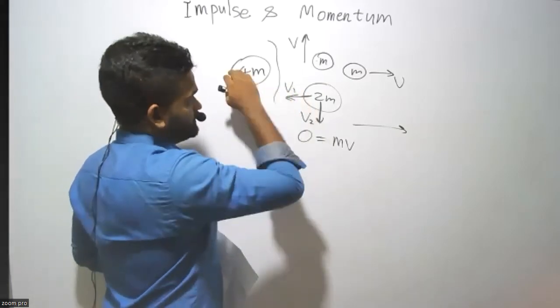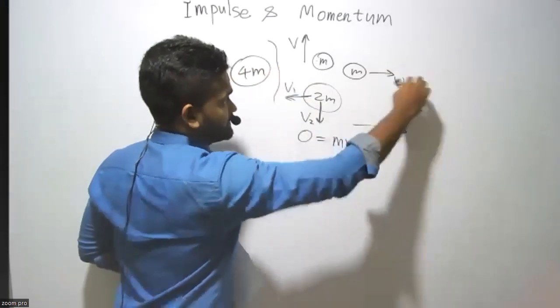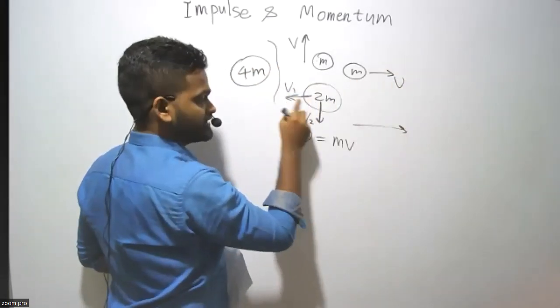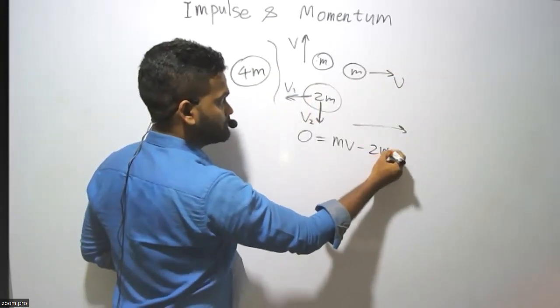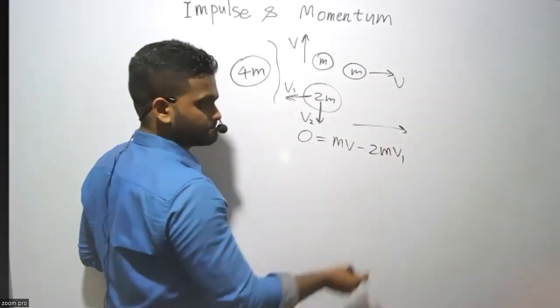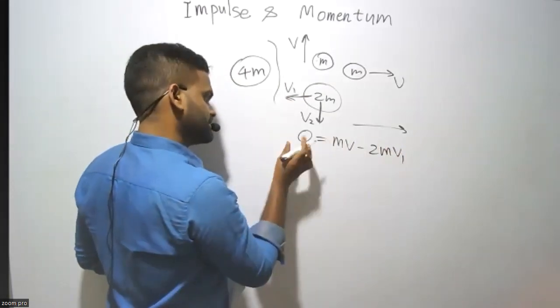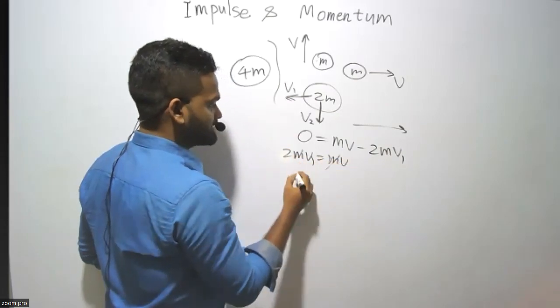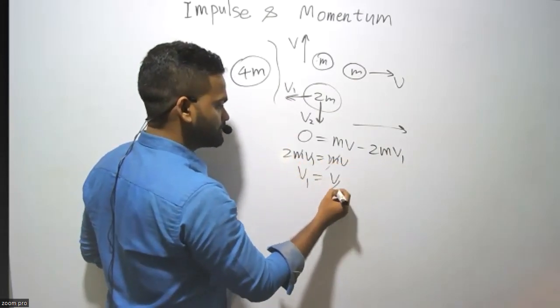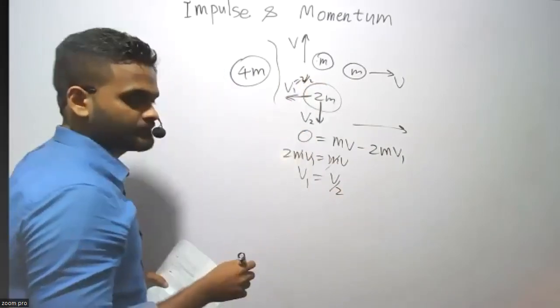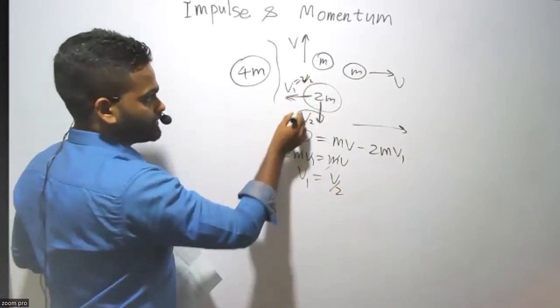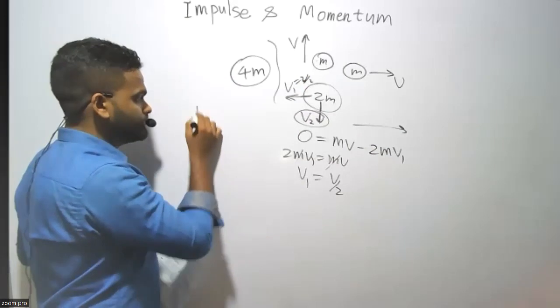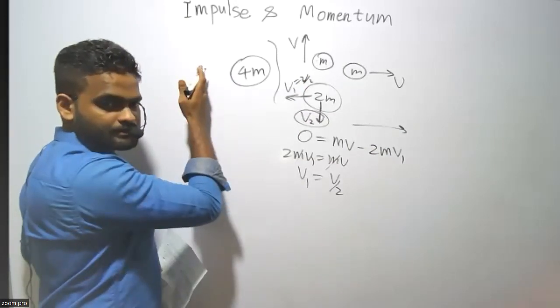Okay, so now in this direction mv, and this is minus 2m v1. Take this to the other side. 2m v1 equals mv. Mass cancels off, then v1 is equal to v over 2. Then we need to find v2. To find v2, you can apply the equation in this direction.